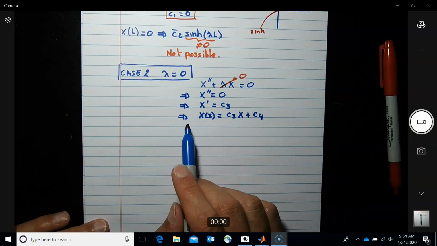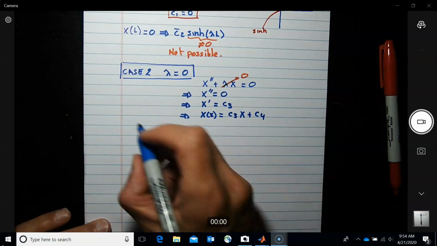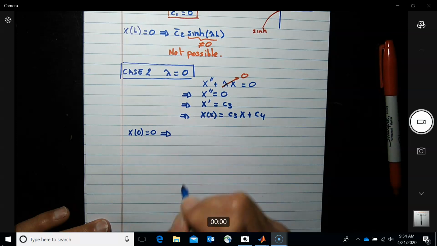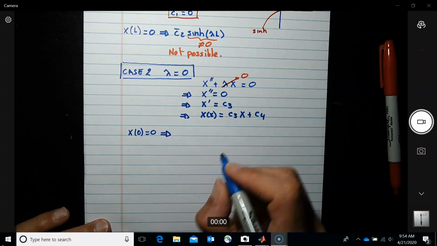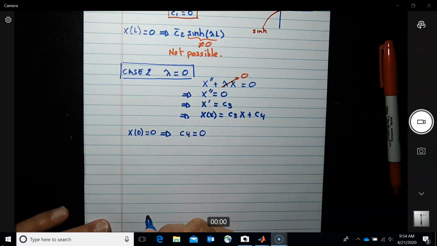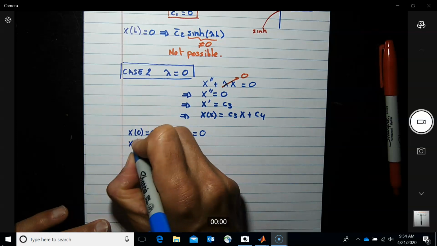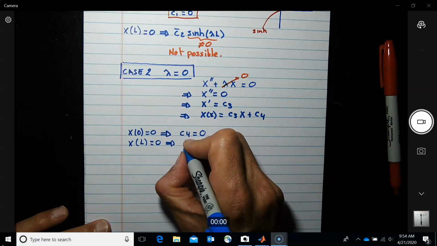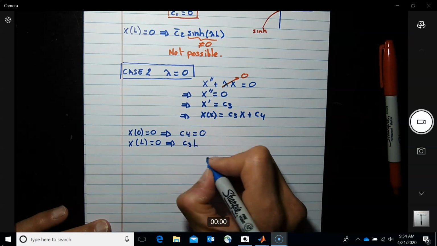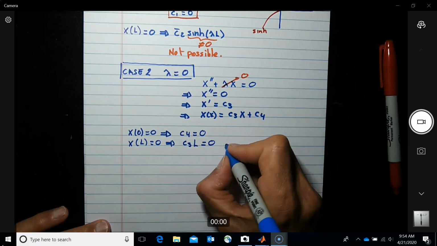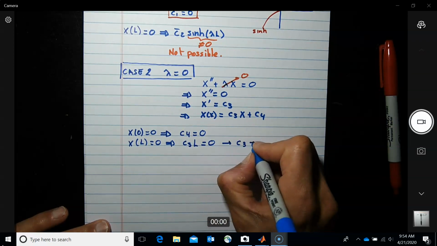Okay, so now this could be our solution. So let's see if that will satisfy the boundary conditions. So we need X of 0 equal to 0, which means what? C4 will be equal to 0. Okay? Then if X of L equal to 0, this will mean that C3L must be equal to 0, where this is only possible if C3 equal to 0.